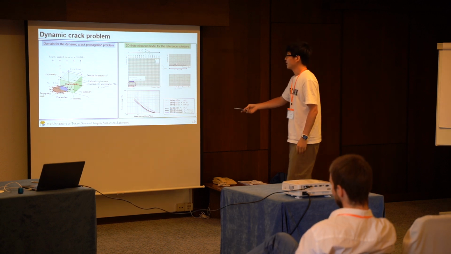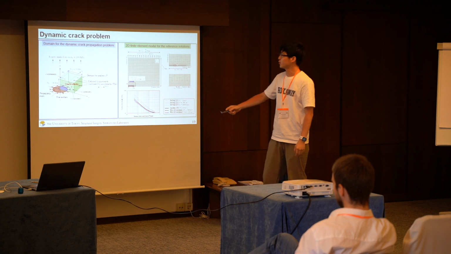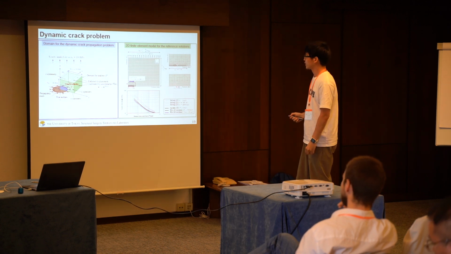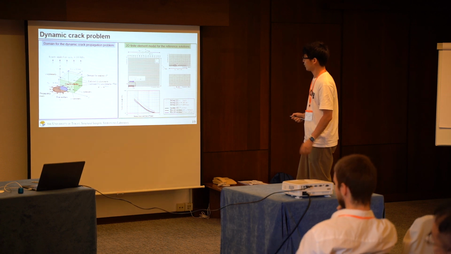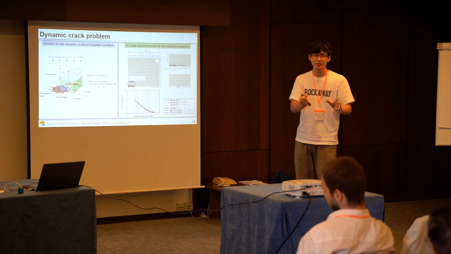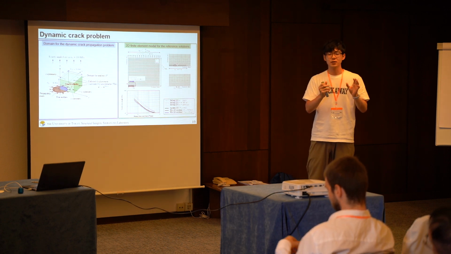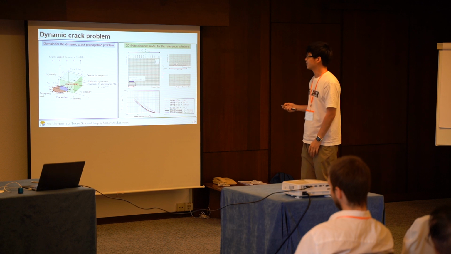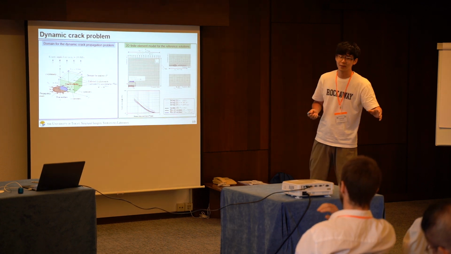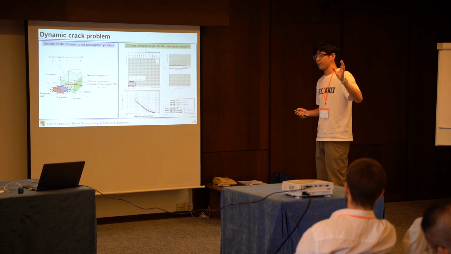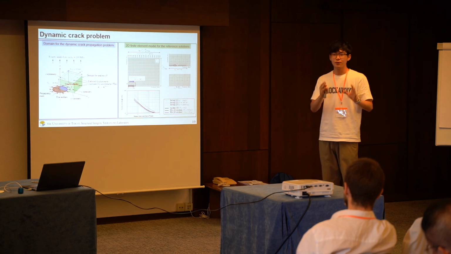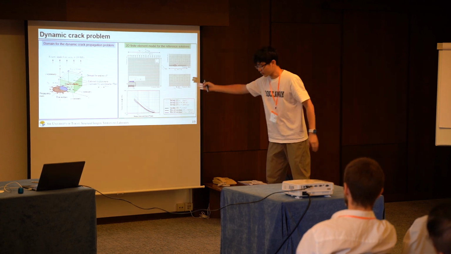So in order to find a reference solution, we introduce this 2D finite element model. In this model, the smallest length of the mesh should be the same as the size of the local mesh in our S method, and the size of the coarse elements should be the same as the global element in the S method. Before we use it as a reference solution, we need to make sure that this model is okay.